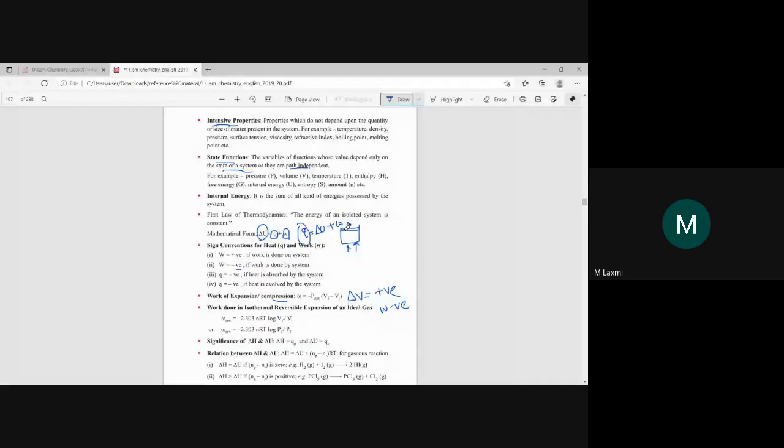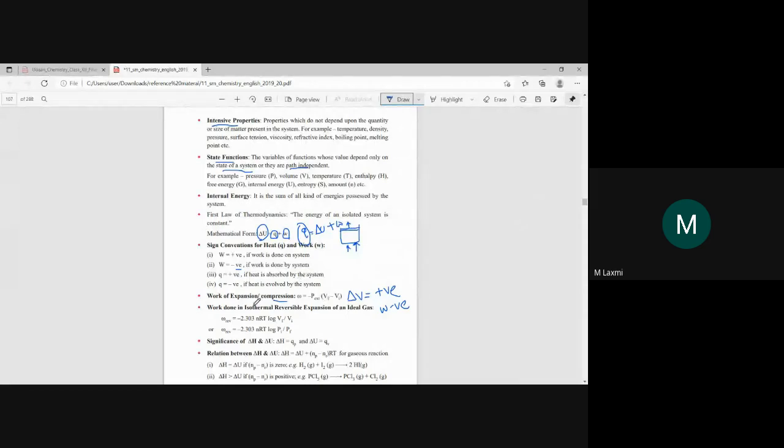So the heat which I supplied has brought two things: a change in internal energy, and work done. The first law of thermodynamics states that the energy of an isolated system is constant. So delta U is equal to Q plus W. I have written this to help you understand.